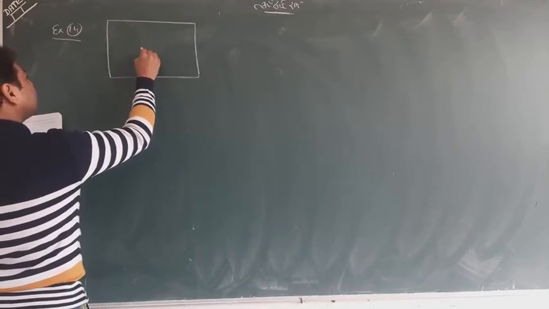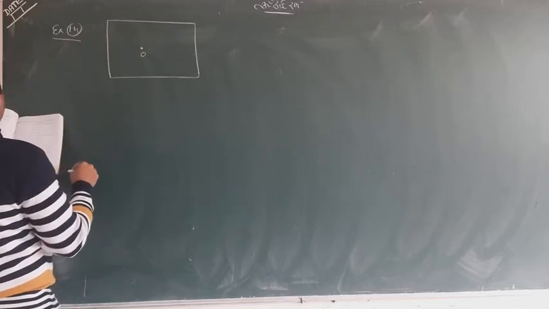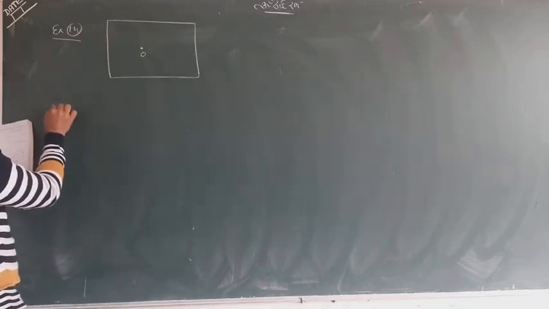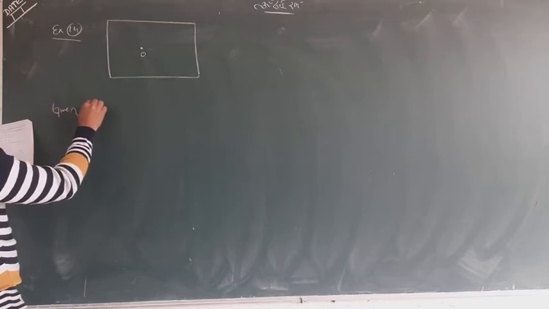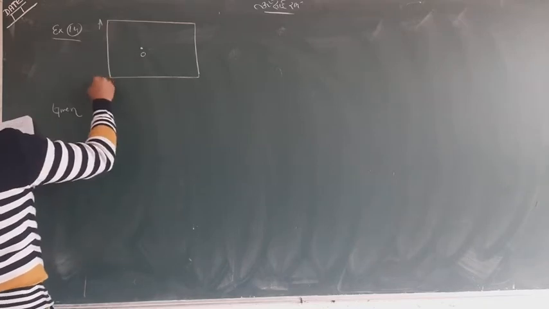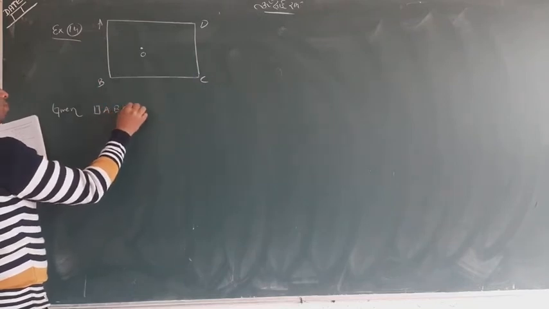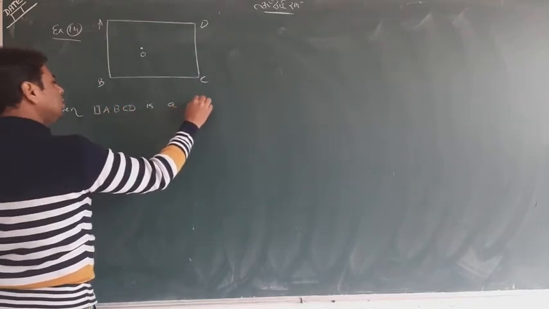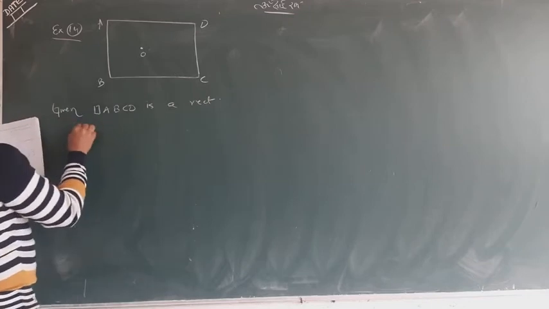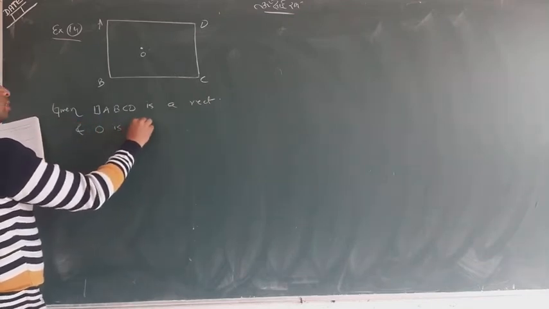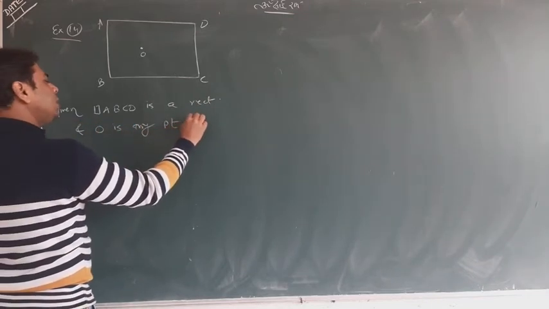Suppose I take O here. I write here, it's given that ABCD is a rectangle and O is any point inside it.